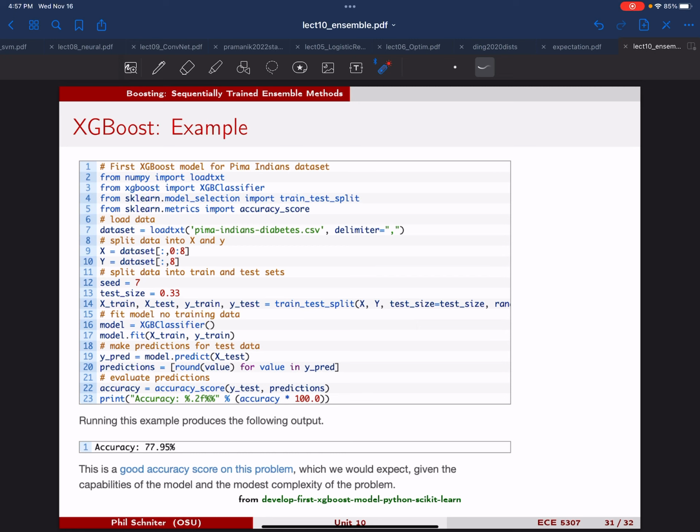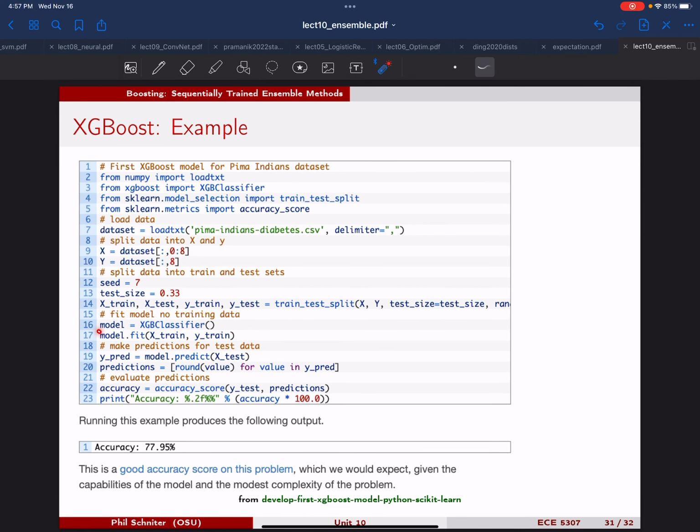So as you can see, we just need to import XGBoost, or the XGBoost classifier. And we load a data set. We split the data set into features and labels. We do a test train split.